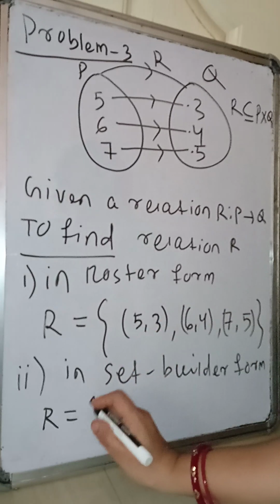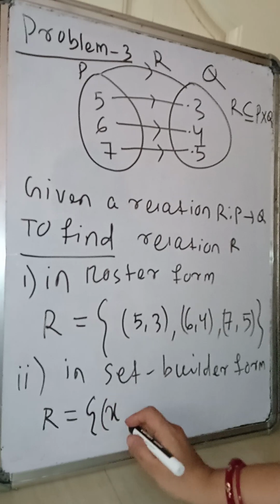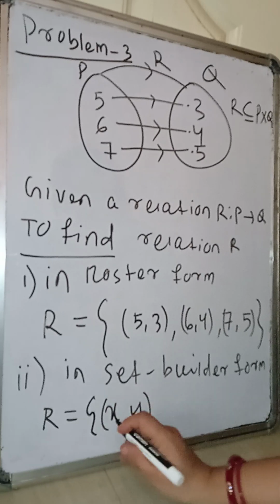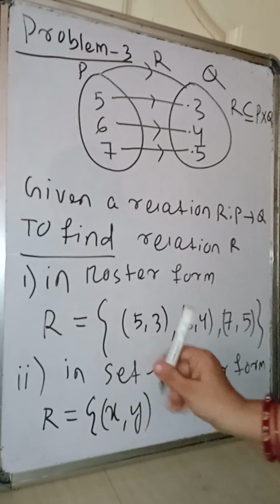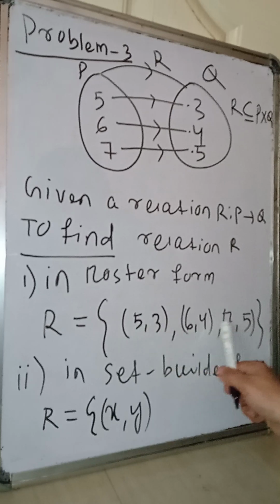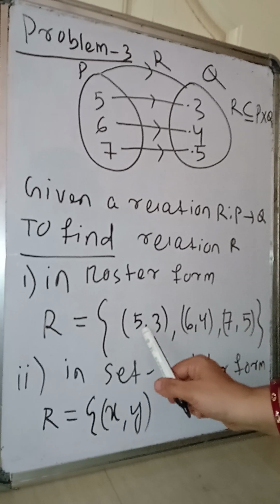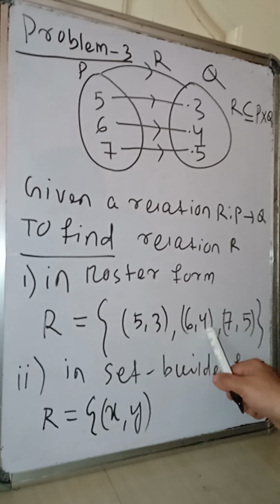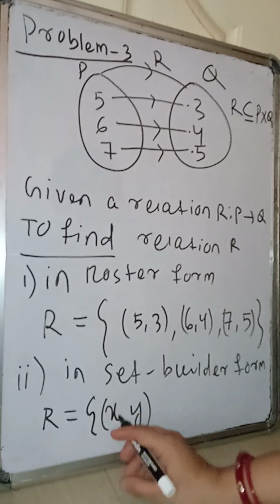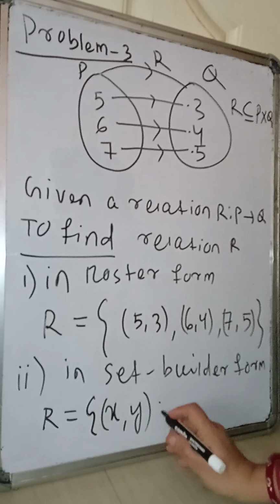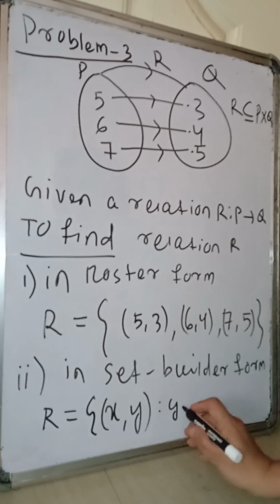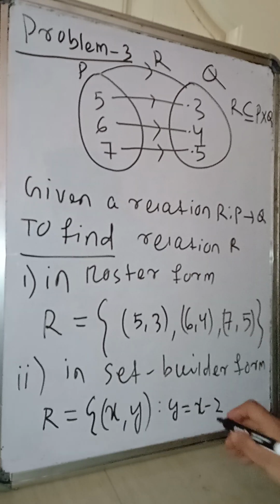So R is equal to the collection of all (x, y). What is the relation between x and y? You see here, y is 2 less than x, here also y is 2 less than x. So all ordered pairs (x, y) such that y = x - 2.